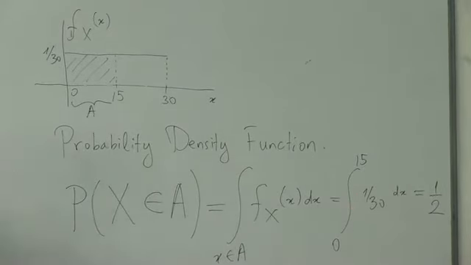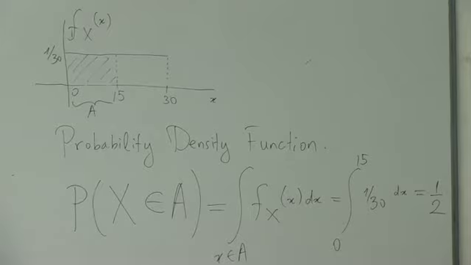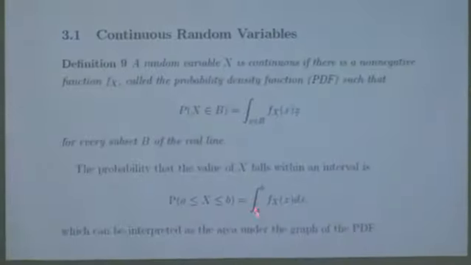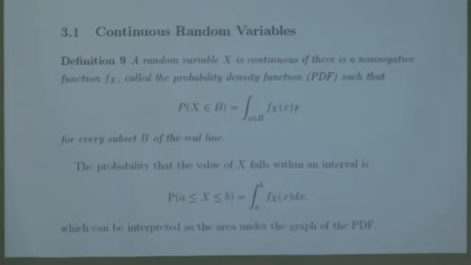And that gave us the obvious answer, 1/2. Now, in general, the probability that x lives between A and B can be found by integrating from A to B the density function, which is the area under the graph of the PDF.